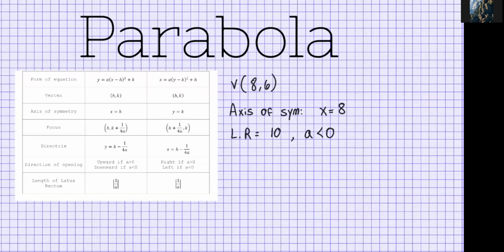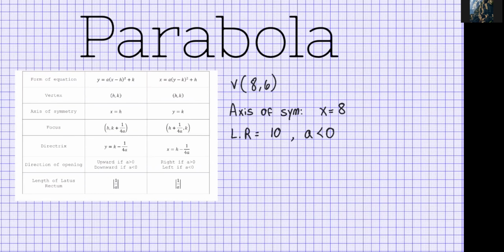Because let's remember that in either parabolas, being vertical or being horizontal, the length of the latus rectum is calculated as the absolute value of 1 divided by a. So in this case, a being less than 0 indicates that the value will be negative. Along with that, we have all the information we require.